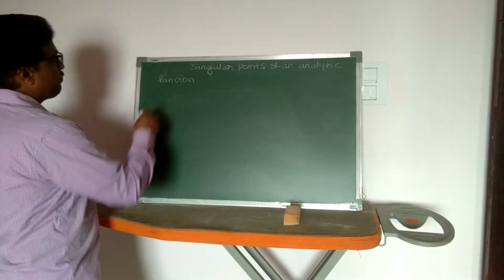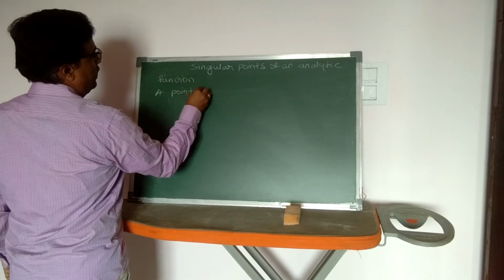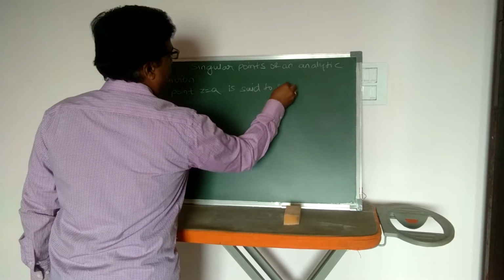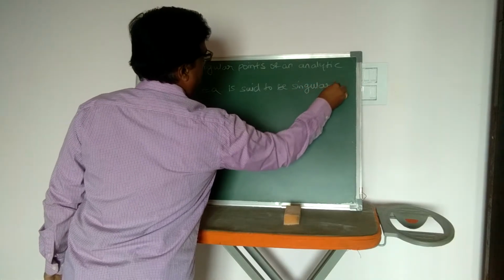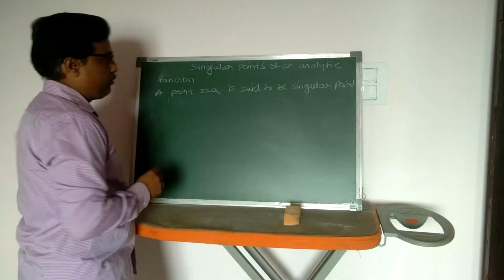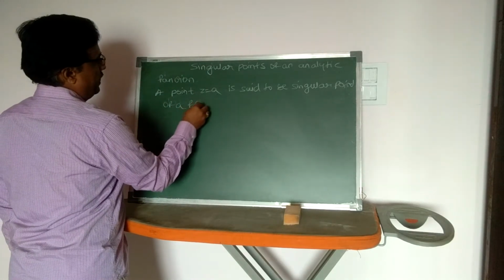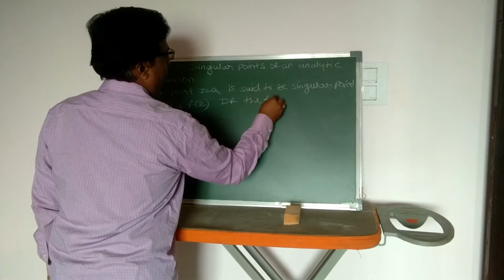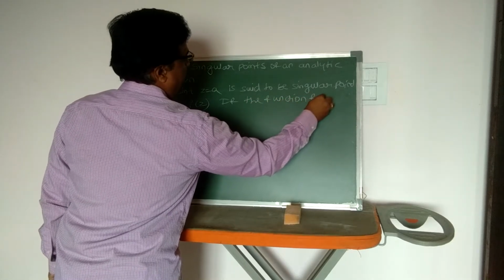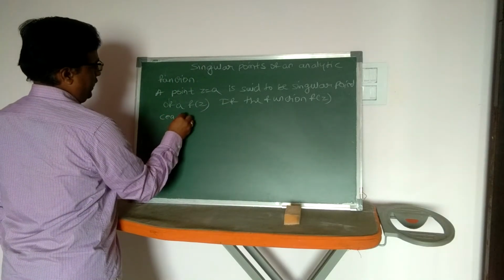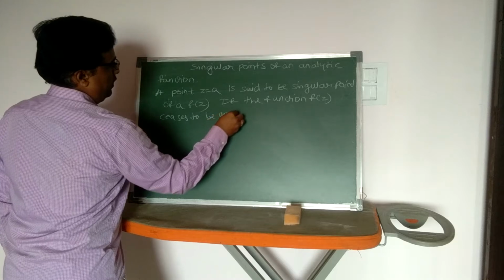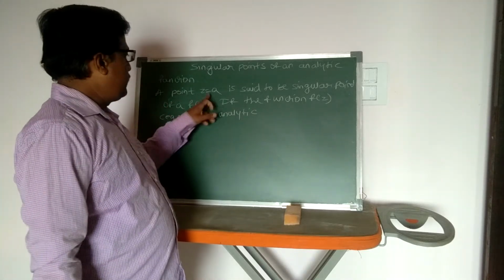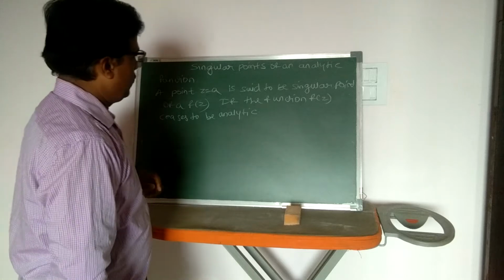Okay, so here a point z equal to a is said to be a singular point of a function f of z if the function f of z ceases to be analytic, meaning the derivative of the function at this point does not exist.